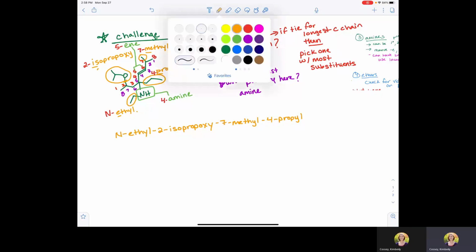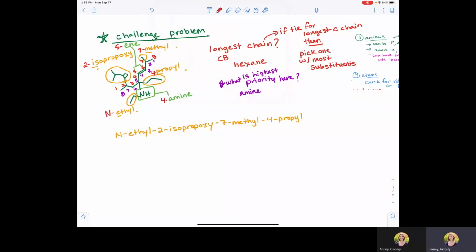All right, so now next is longest chain. So we're going to have hexane. But then remember, we're also going to have to change this. So if we're going to have an ene, we're going to have to cross out that ane. And we're going to put an ene. But then whenever we put the ene and put the amine on the end, we're going to have to cross out the e to add the amine. So really all we're going to have left over from the name of the chain is the hex.